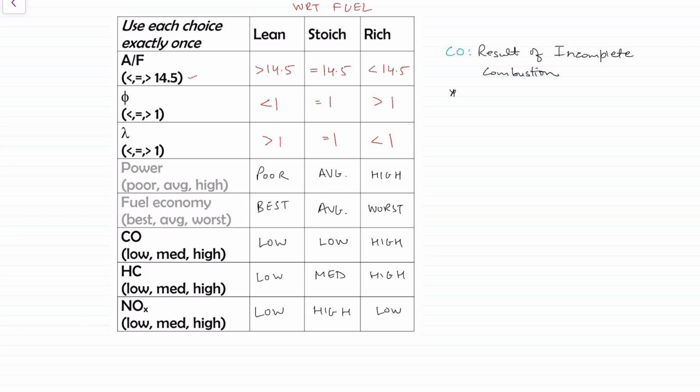When we have fuel rich, that means phi is greater than 1, there is not enough oxygen, and then you produce carbon monoxide.